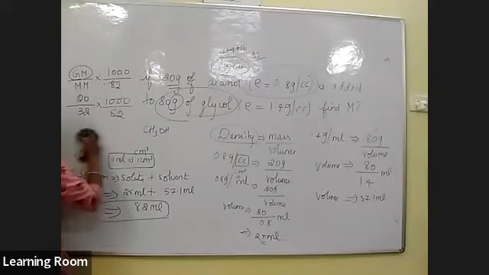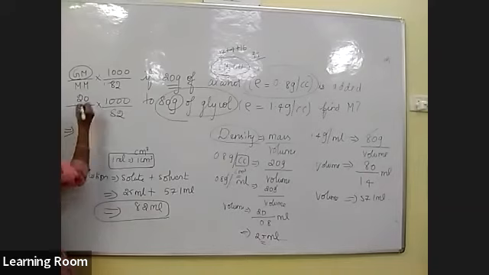This is your answer. Calculate everything. 20 into 1000 is 20000, divided by 32 into 82.